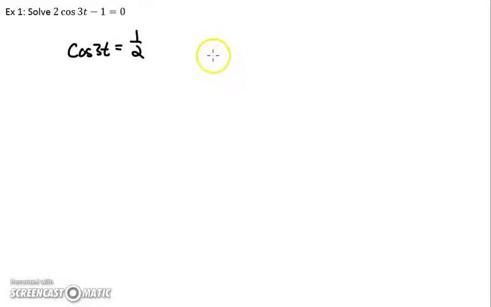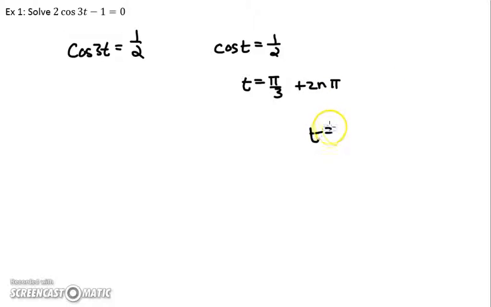Now before, when we just had cosine of t equals 1/2, we said that t was pi over 3 plus 2n pi, and t was equal to 5 pi over 3 plus 2n pi.